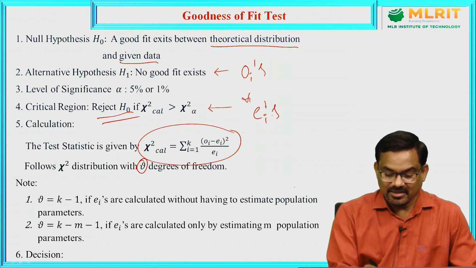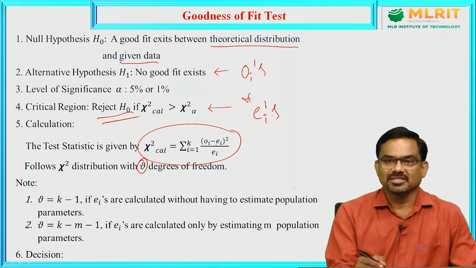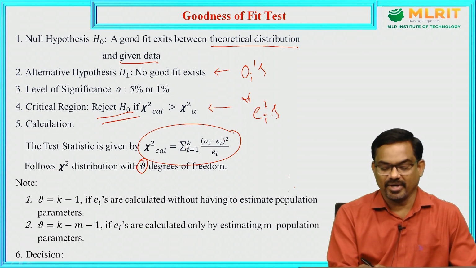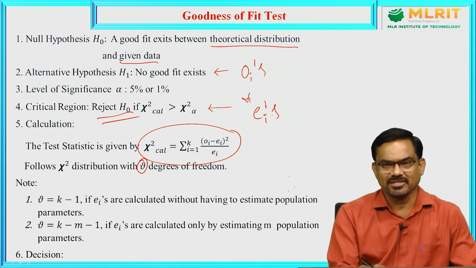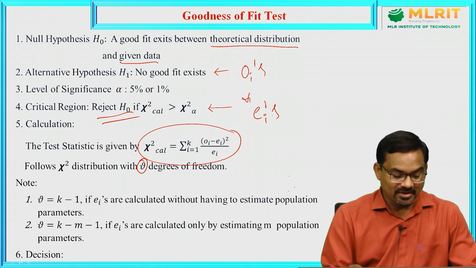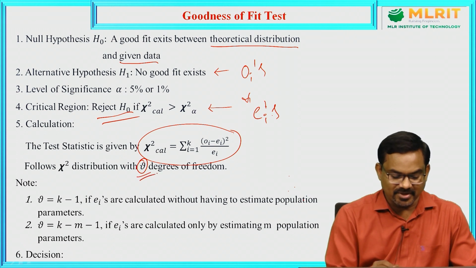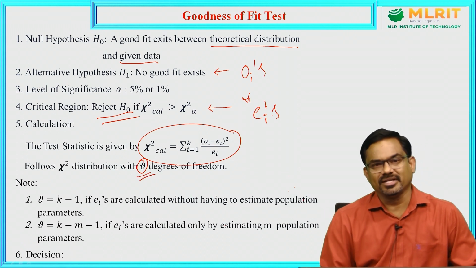Simply calculate the difference between the observed and expected frequencies first, square the values, and sum the squares of differences divided by expected cell frequencies. And this chi-square follows chi-square distribution with nu degrees of freedom.